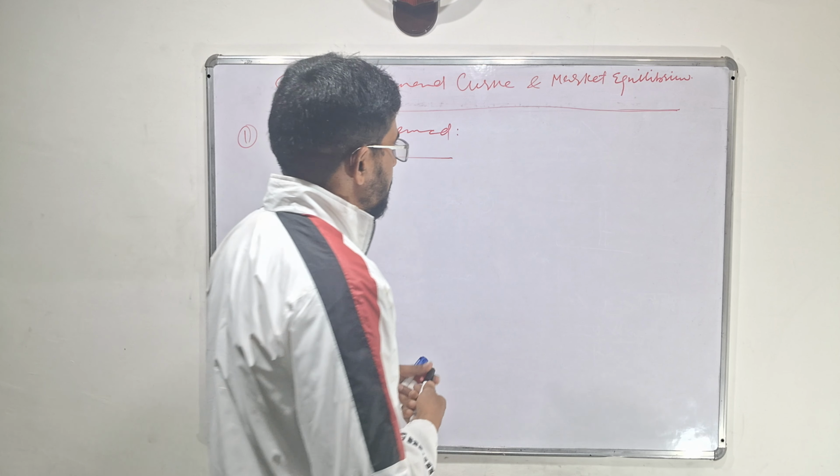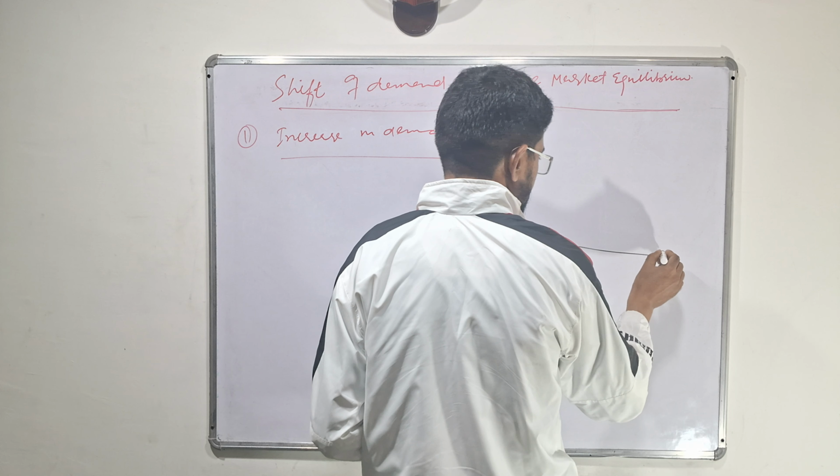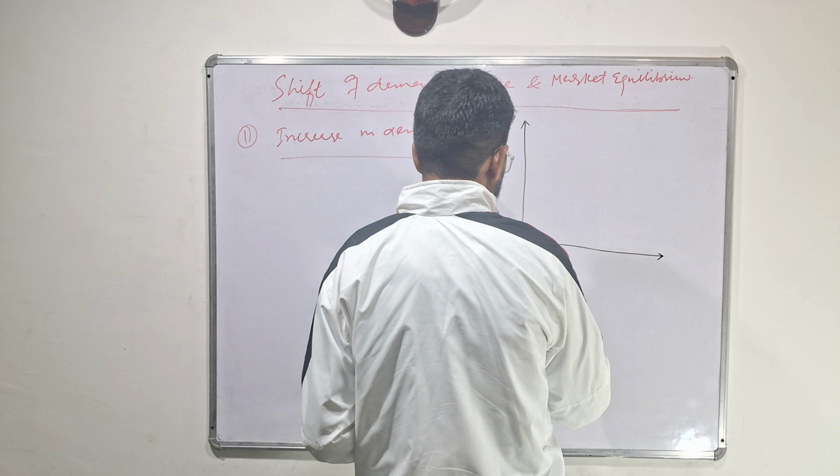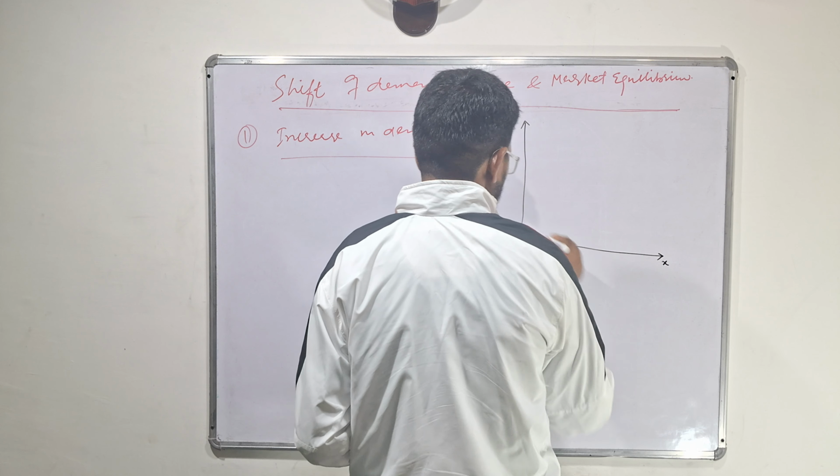As I showed you in the previous lecture, what we call equilibrium price. This is y, this is 0, this is x, this is price, this is quantity.